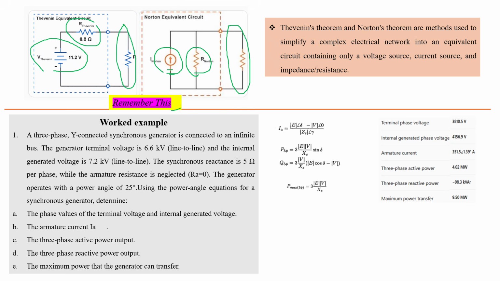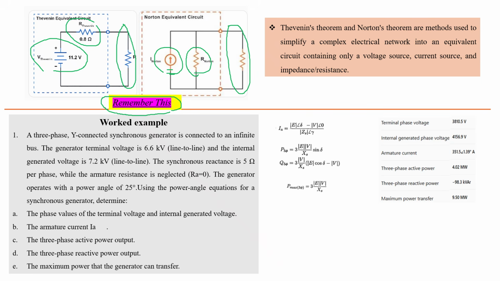Remember this circuit for later use, because when we come to the formulation of the power flow equation, we will use a Thevenin representation for a generator to equate the current into the bus and out, so that we can write KCL at some bus, and we will derive a voltage and current relationship.